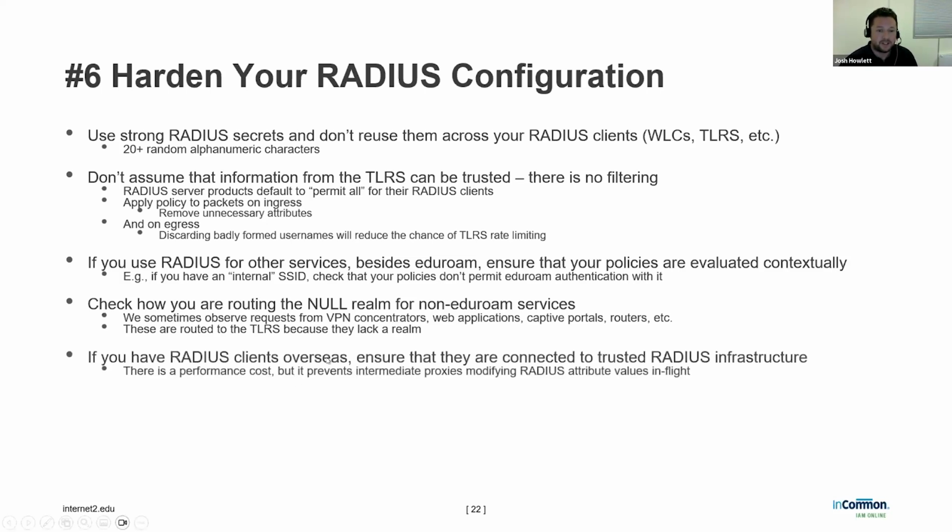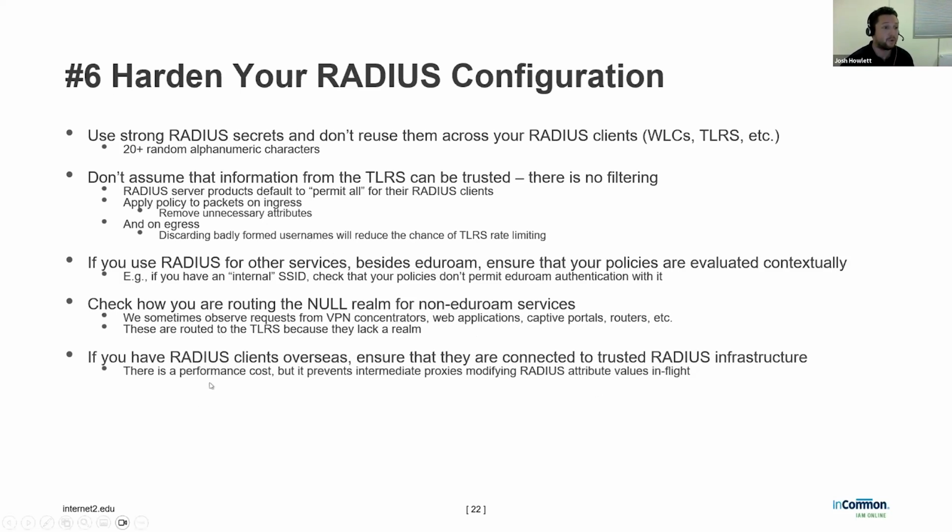If you've got RADIUS clients overseas, ensure that they're connected to a trusted RADIUS infrastructure. This again goes back to the fact that these attributes, like the VLAN attributes, can be modified in flight by an intermediate proxy without you knowing about it. We have American campuses, for example, over here in London, in the UK, and those campuses will connect to the UK service, and that's a very good configuration.